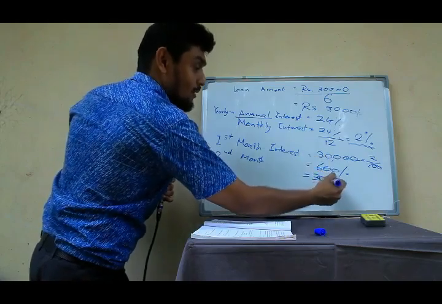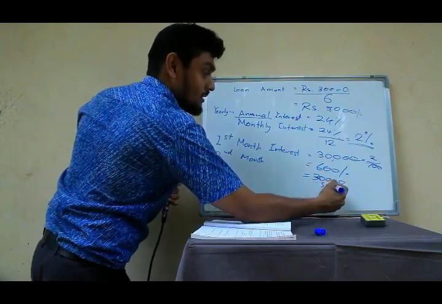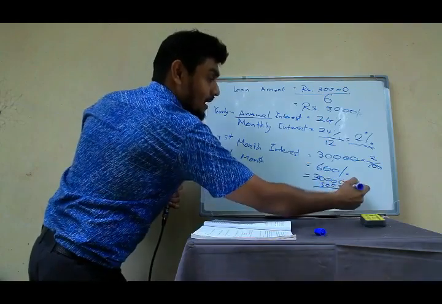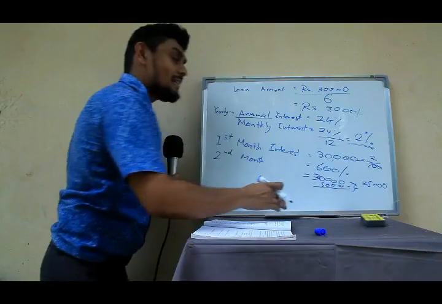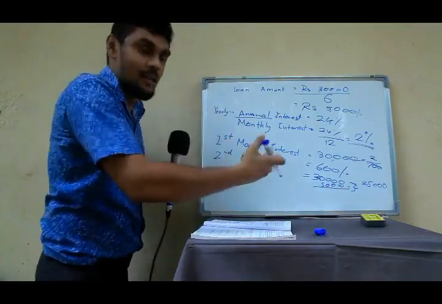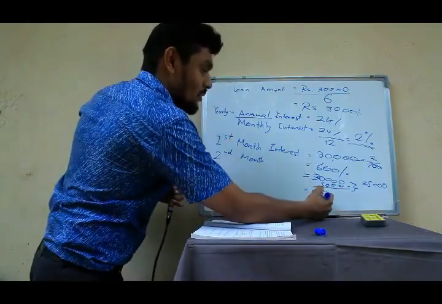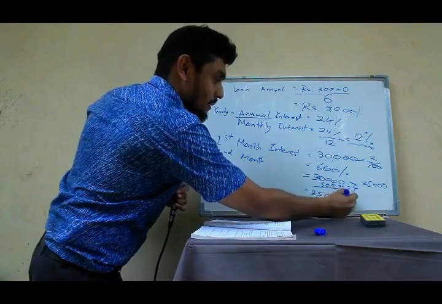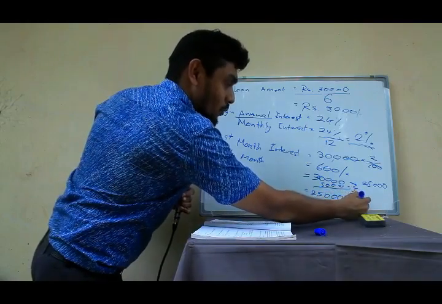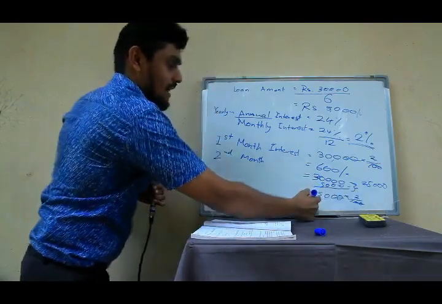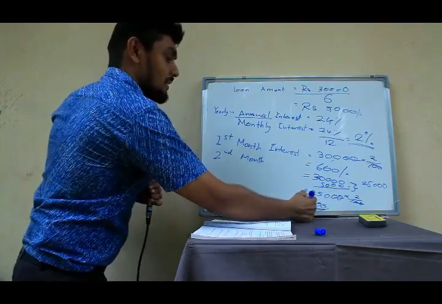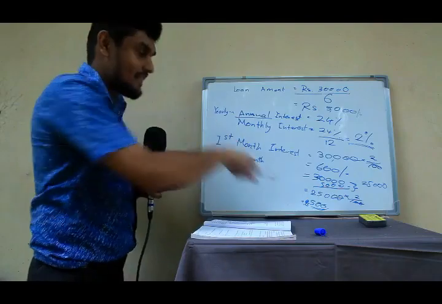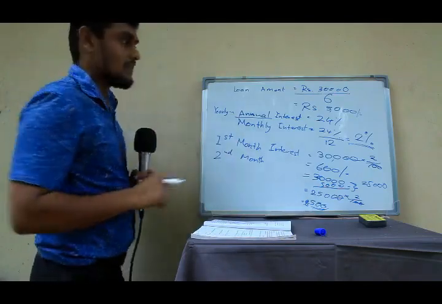You have to reduce 5,000 from that 30,000. Then you have 25,000 rupees as the deficit loan. So you can find out 25,000 rupees times 2%, and the answer is 500 rupees for the interest.